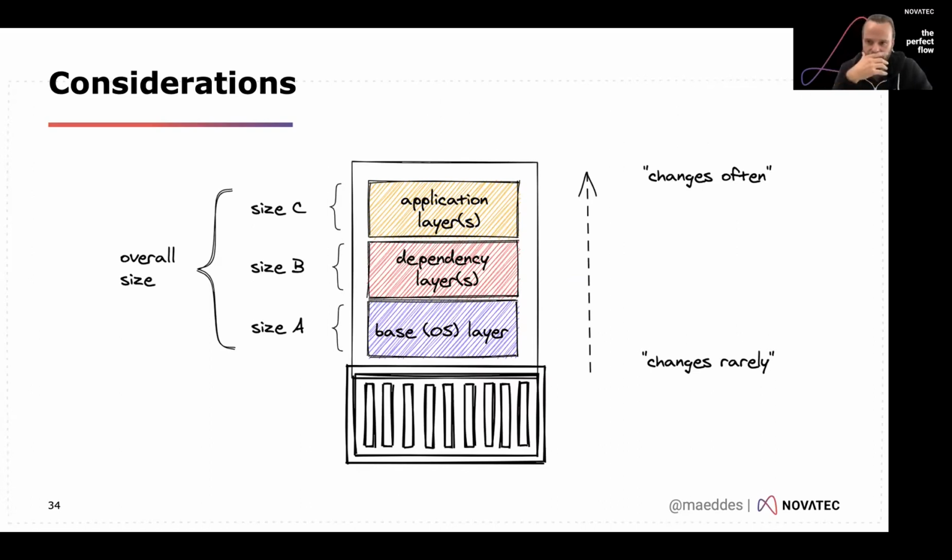And the dependencies in the middle also should not update with every build that we do. Having said that, that means that the dependency and operating system layers are mostly cached by the Docker daemon already. So the only noticeable change that you're going to get will most often be in the application layer.